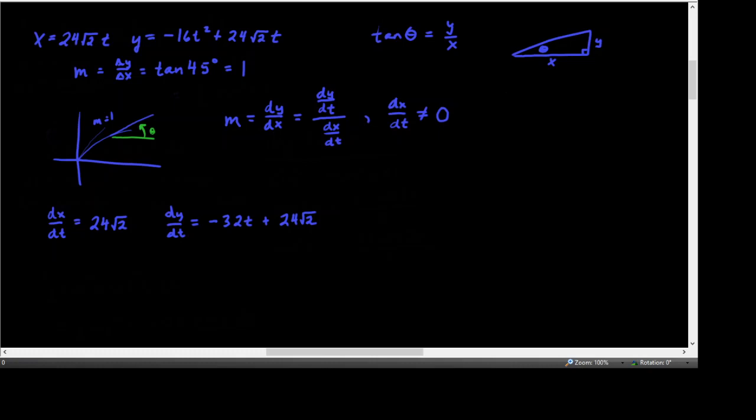And so the implication, therefore, is that dy dx will be dy dt, which we just found to be negative 32t plus 24 square roots of 2, divided by dx dt, which is 24 square roots of 2.